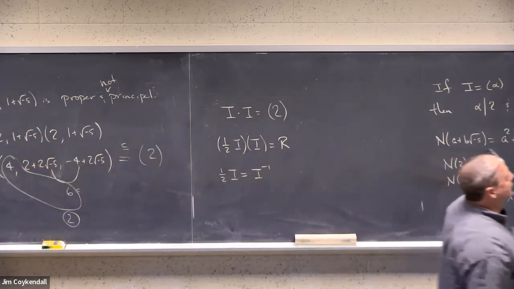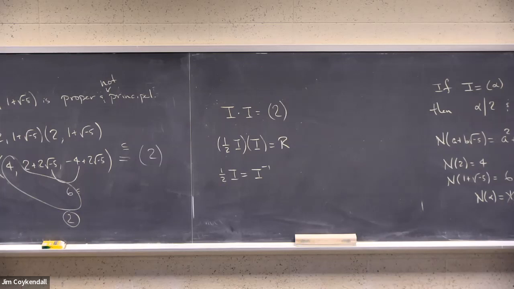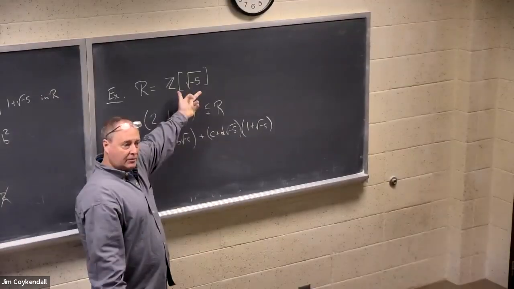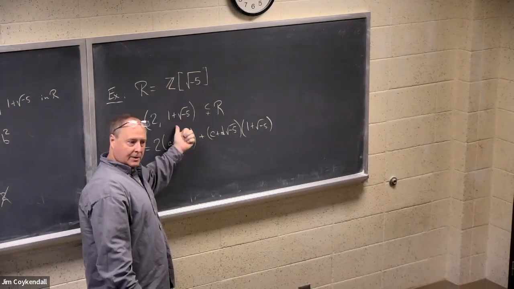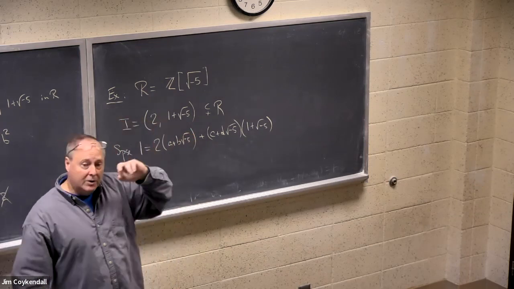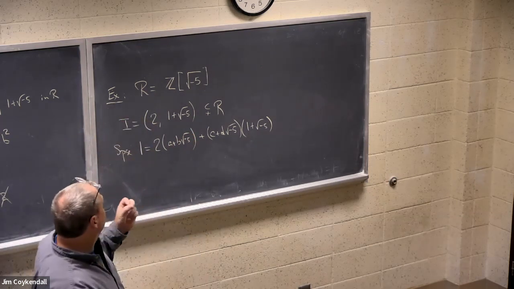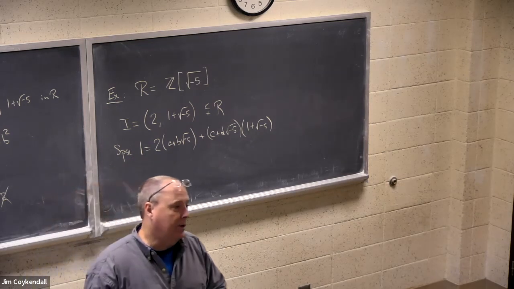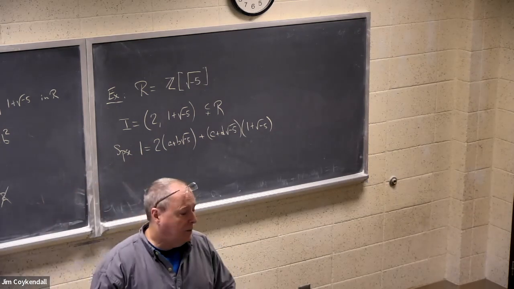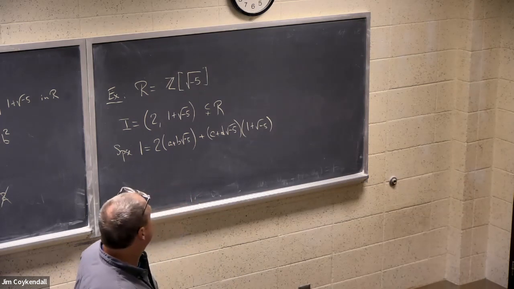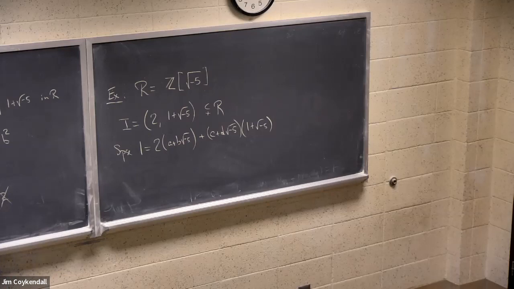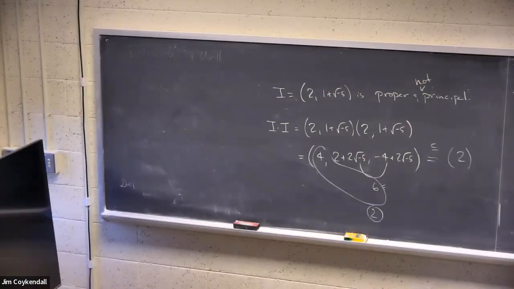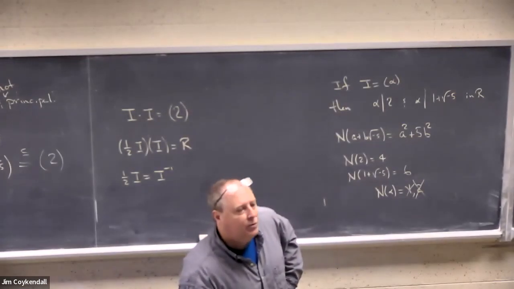Remember how we pointed out that in any principal ideal domain, every non-zero fractional ideal is invertible, right? It turns out this is not a principal ideal domain because of this, but every non-zero fractional ideal of this ring is also invertible, even though not all of them are principal. And this characterizes something called Dedekind domains. Dedekind domains are to ideals what unique factorization domains are to elements.